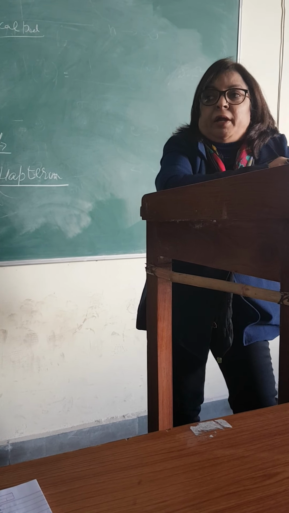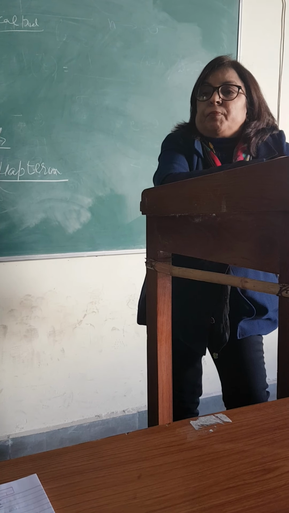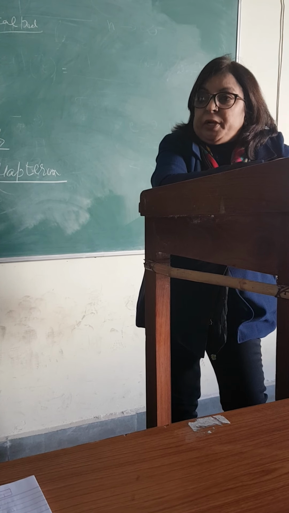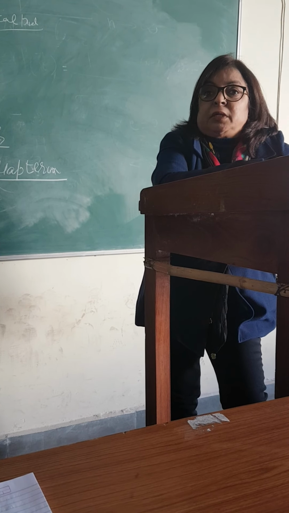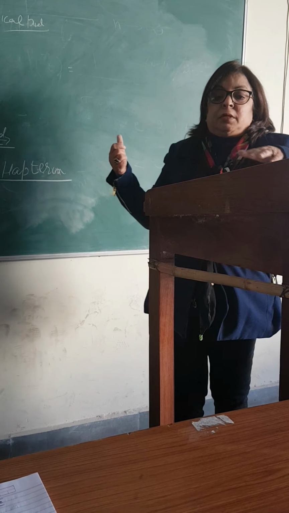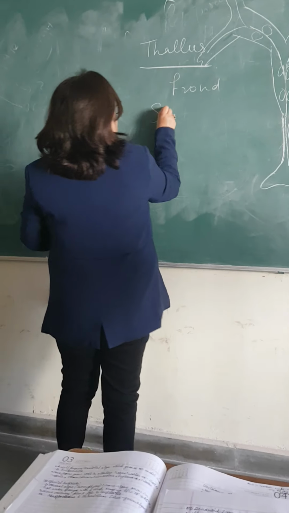Up to this we have done the plants and algae which are gametophytic in nature, or haploid in nature. Haploid plants are known as gametophytes. Now Fucus is a diploid plant. So what is it? It is a sporophyte.